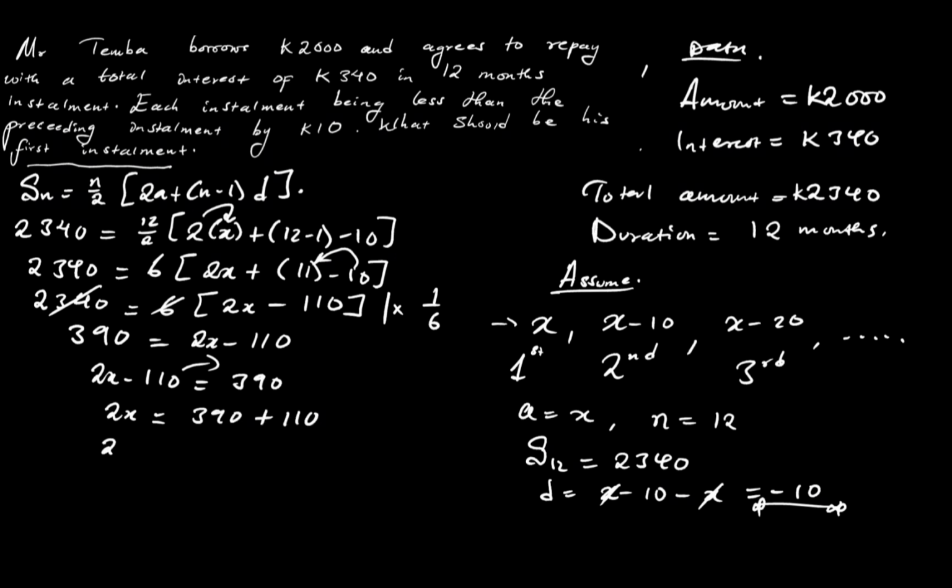So we have 2x being equal to now 390 plus 110 will give you about 500. Then you divide by 2, divide by 2. You have x being equal to 250. Now this tells you to say that the first installment is equal to 250 kwacha.